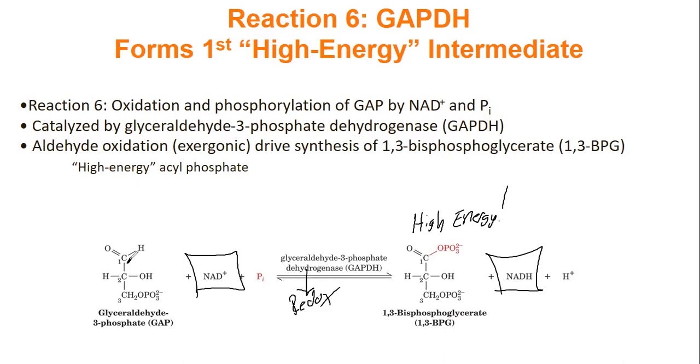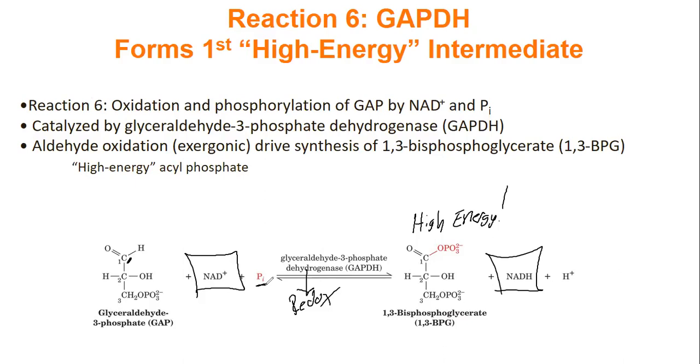That carbon really wants to be oxidized. And so some of the energy that we're putting into making this 1,3-bisphosphate glycerate, we're getting back for free because we're doing something that chemically wants to happen anyways. We're oxidizing this aldehyde that wants to be oxidized. So we're kind of piggybacking on that to make a very high energy compound.